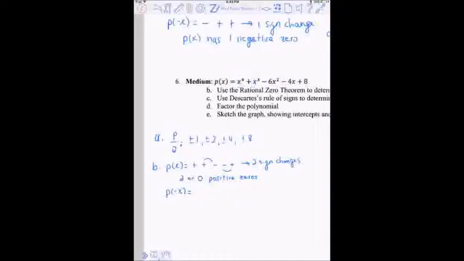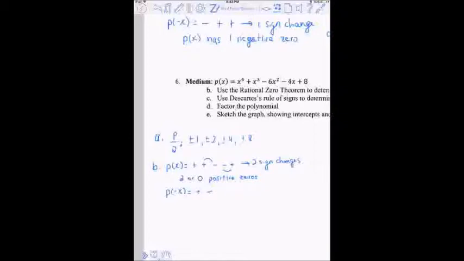starting with the first one, x to the 4th, if I plugged in a negative x and then raise it to the 4th power, I'm going to get x to the 4th again, so it's a positive. For x to the 3rd, if I plug in a negative x and raise it to the 3rd power, I'm going to get negative x cubed. So that second term is negative.